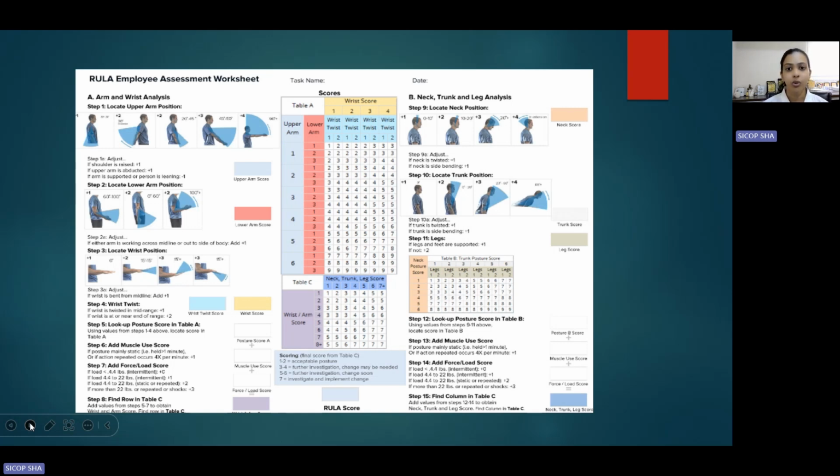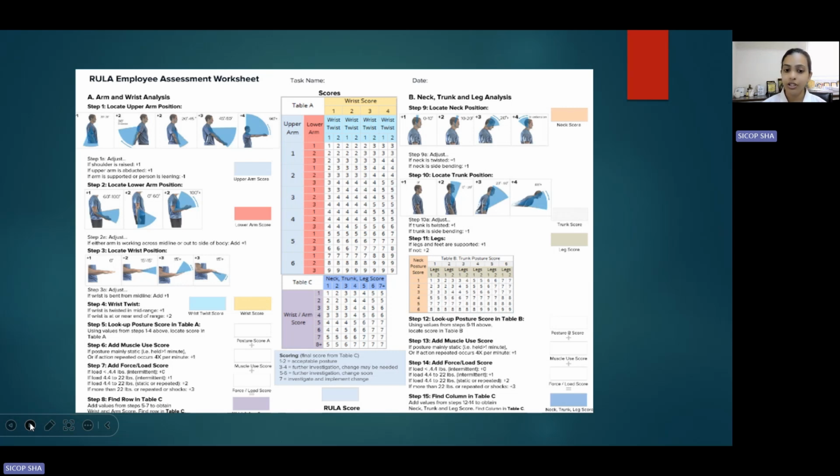After we measure that from step 9 to step 15, we come to the middle of the sheet where we can see table A, where we combine the upper arm, lower arm and wrist scores. Then we move on to table C, where we find the cumulative score of wrist and arm score, and then we combine that with the neck, trunk, and leg score.